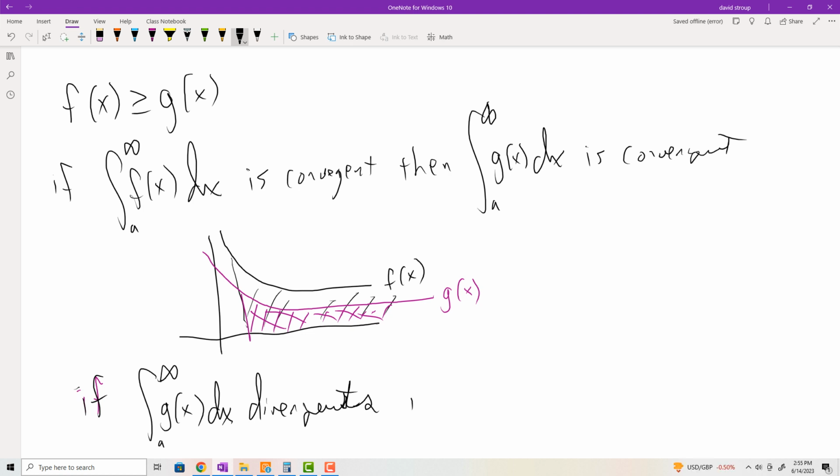It forces the area underneath f of x to be infinity as well. Because there's more area underneath f of x than there is g of x, and g of x is infinite, so it must mean that f of x is something bigger than that, so we presume it's also infinite. It diverges. Okay? So if the little guy diverges, then the big guy is going to diverge.